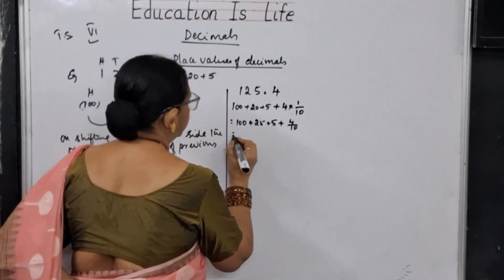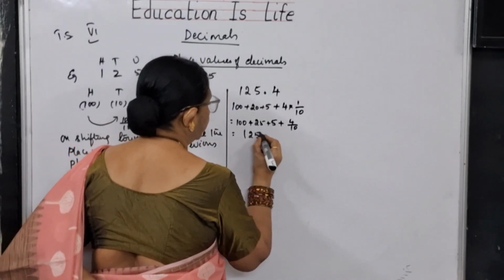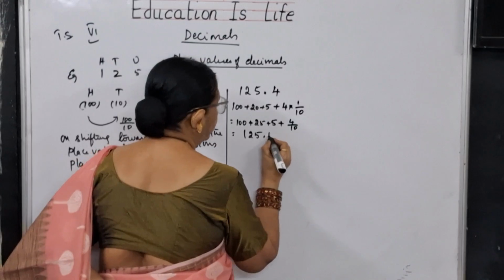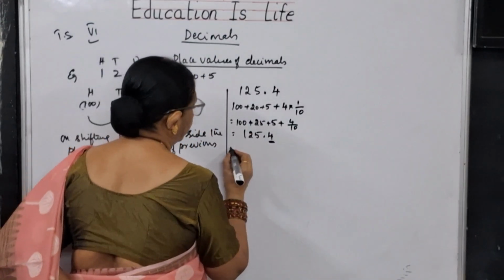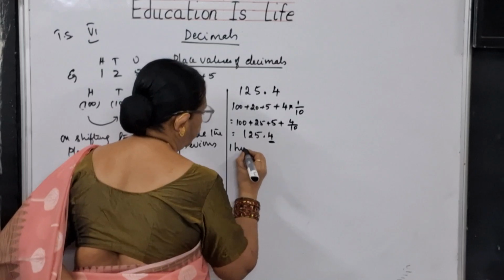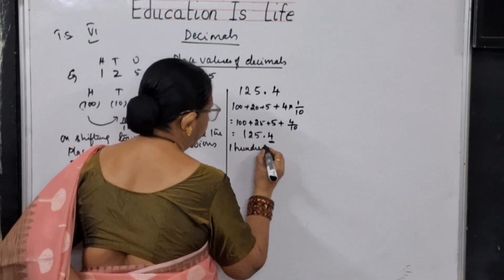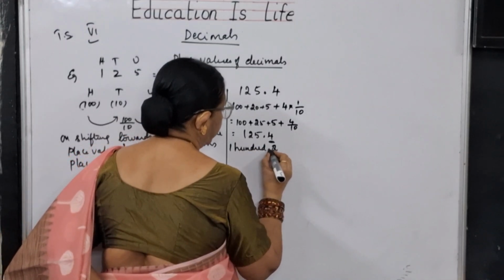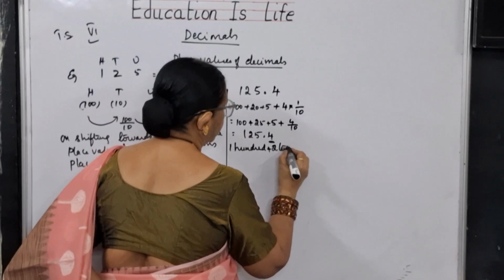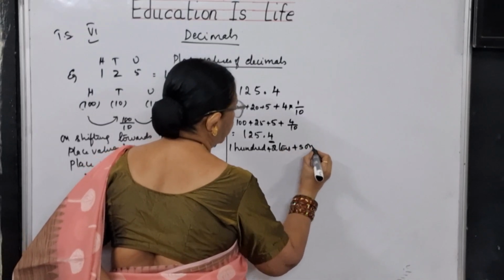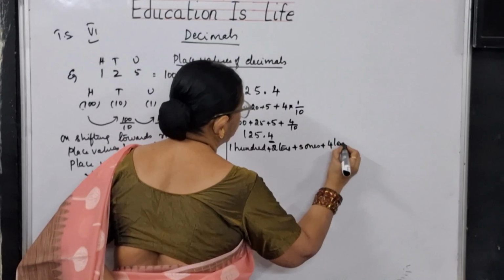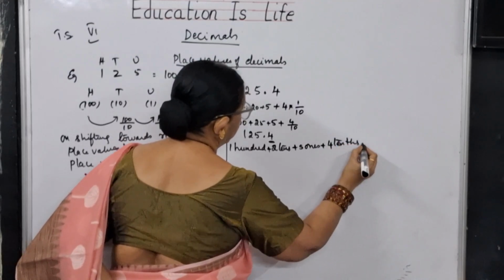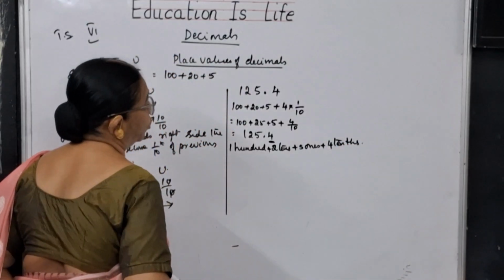4 by 10 means the number becomes 125.4. So when you are writing place values, you will be writing 100 plus 2 tens plus 5 ones plus 4 tenths, T-E-N-T-H-S. 4 tenths.